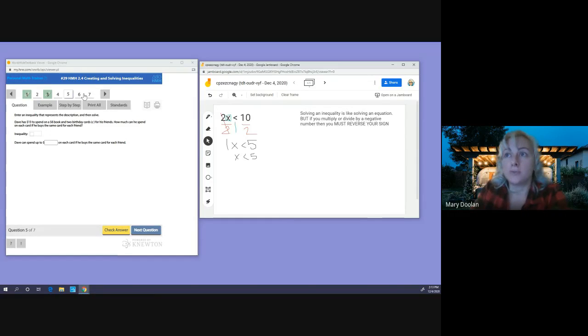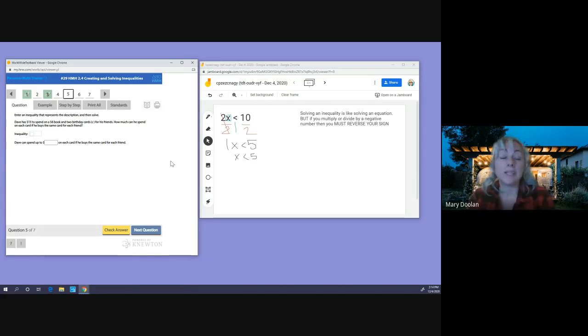And here's our question for 5. And your question for 5 is going to be very similar, but you might have different numbers. They keep switching the numbers around on you, but the whole concept is the same. Dave has $13 to spend on a $6 book and 2 birthday cards for his friends. How much can he spend on each card if he buys the same card for each friend?